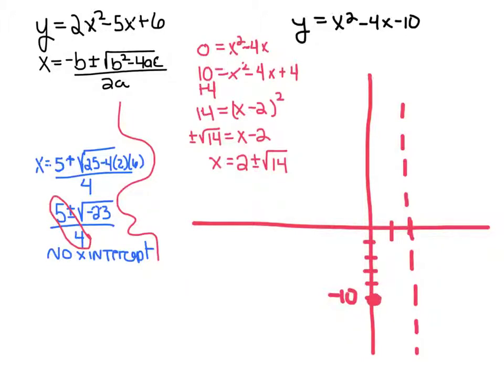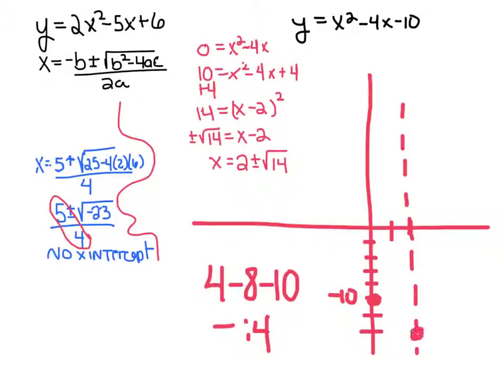You know this graph goes up, and if you plug 2 into the equation, you get 4 minus 8 minus 10, and that's negative 14.